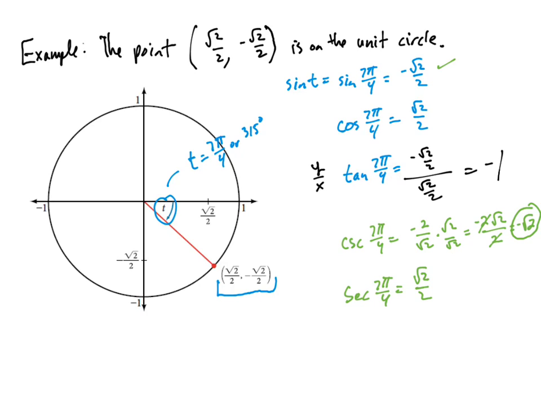It essentially comes out to the same thing as what we had for cosecant. So when I rationalize, I'm just going to end up getting square root of 2. And then cotangent of 7 pi over 4. This is just the reciprocal of tangent. The reciprocal of negative 1 is just 1 over negative 1, which is also negative 1.